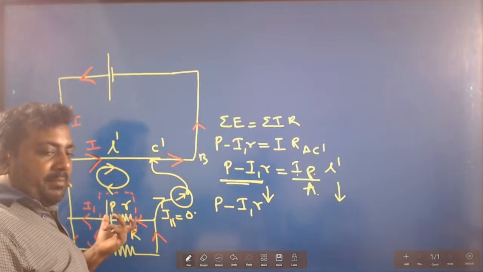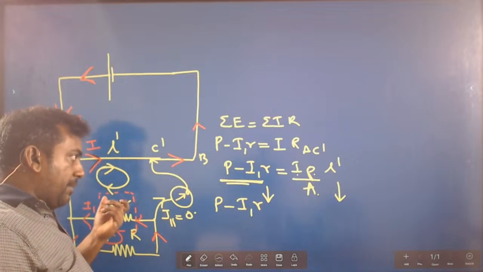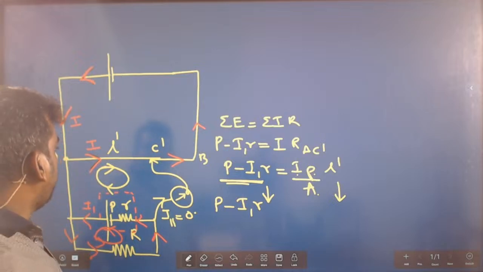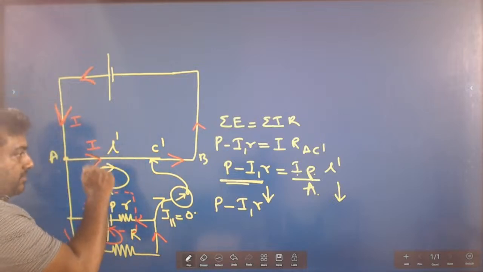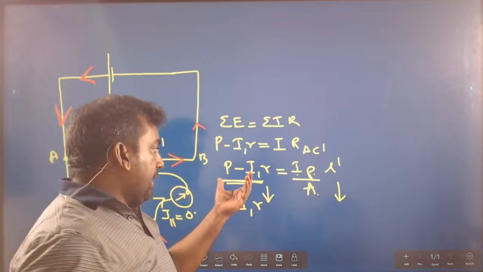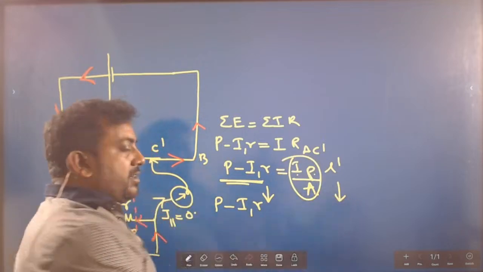Therefore, since the terminal potential reduces, the balance length will also reduce. So don't forget that terminal potential reduces. This part is a constant, so balance length will reduce.